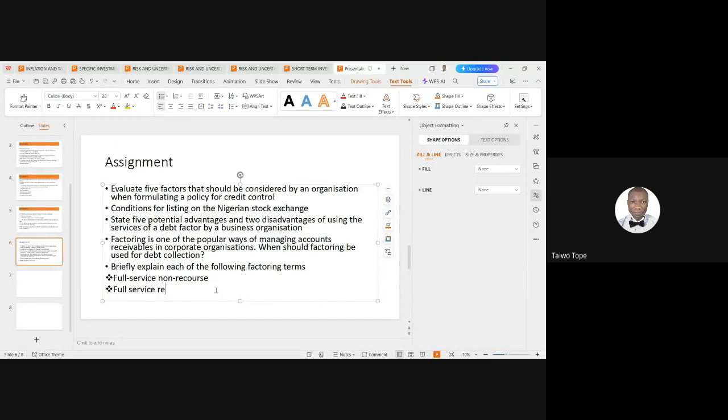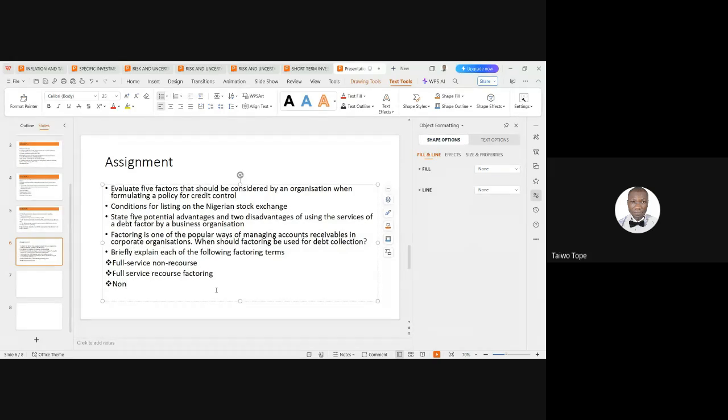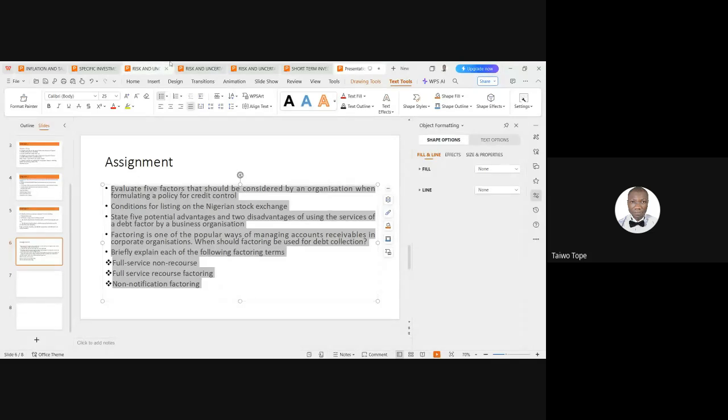It's one of the notes I forwarded over time when we just started this course. If you've been reading, you will have come across it. And we also have non-notification factoring. You know, some of you are just piling up those notes, waiting for when the exam will come close. So we have to explain this.